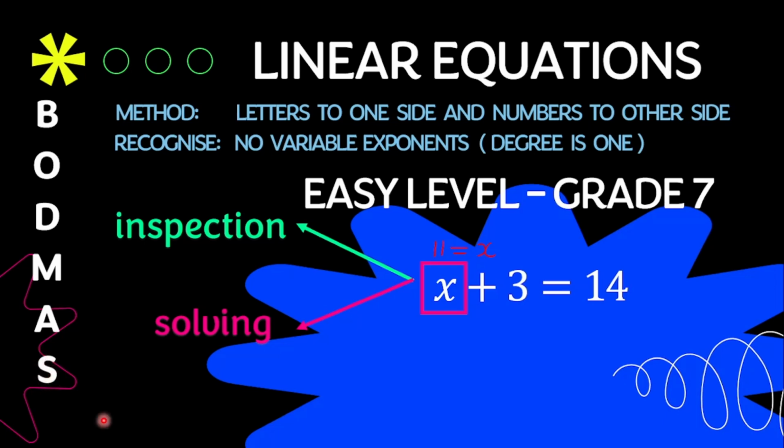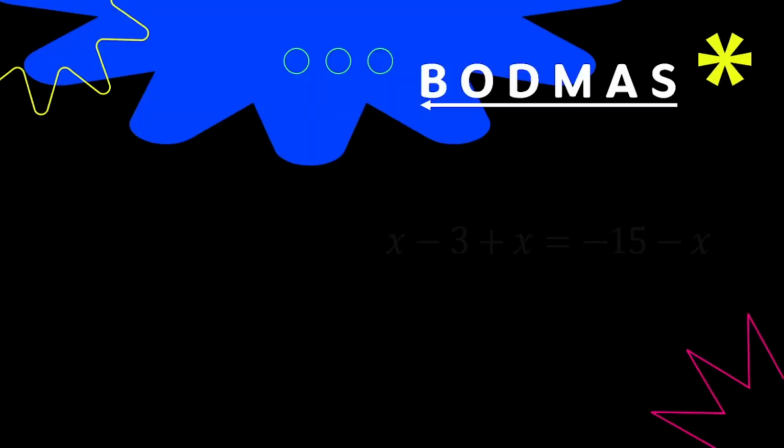Well, yes. When I move a plus over the equal sign, it is going to subtract, which means x is just going to be 14 subtract 3, which is 11.